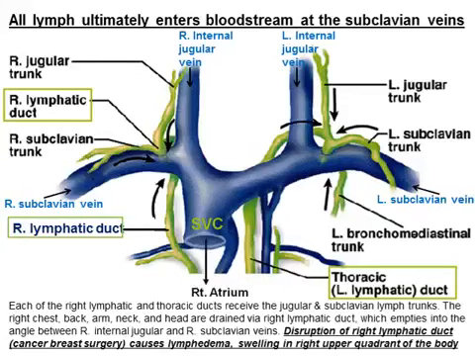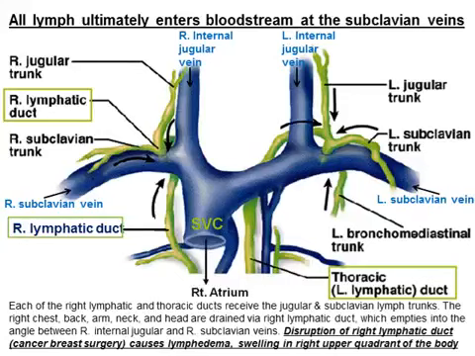Both the right lymphatic duct and the thoracic duct receive lymph trunks before their end. On the left side, it receives the left jugular trunk and the left subclavian trunk, and then all of it unites into the thoracic duct and ends in the junction between the left subclavian vein and the left internal jugular vein.